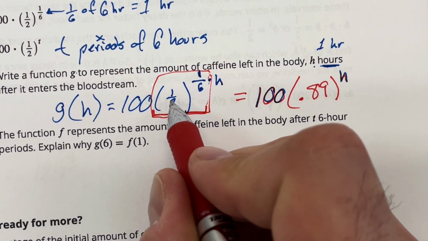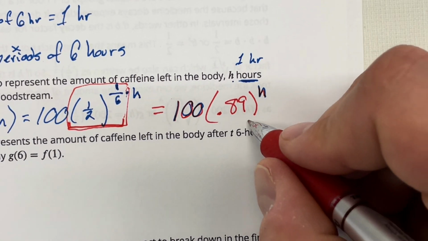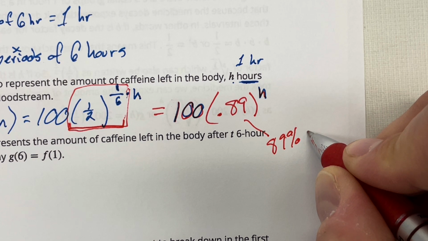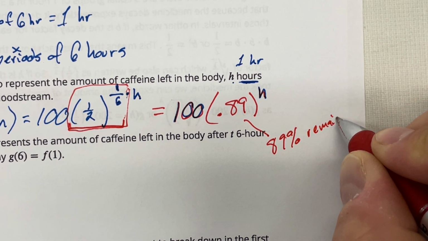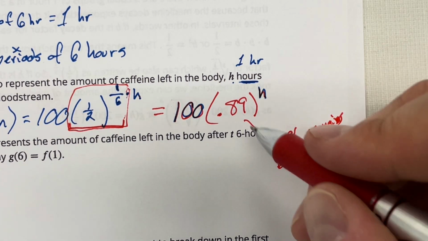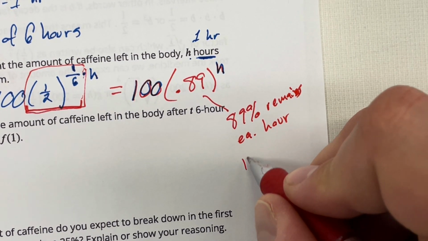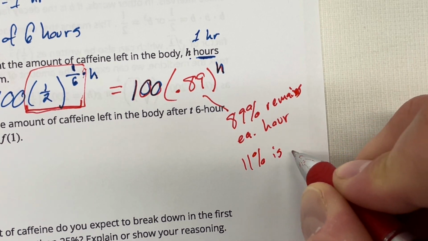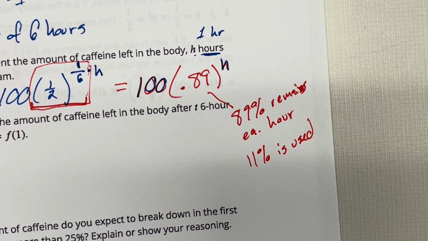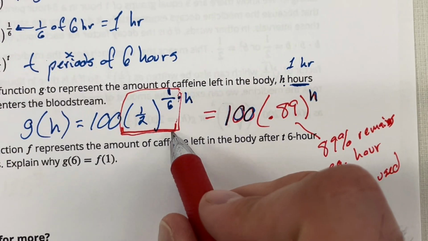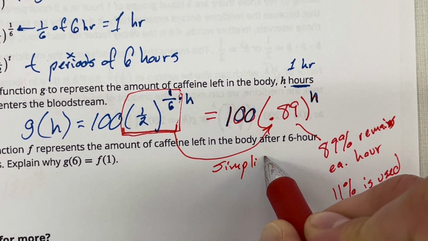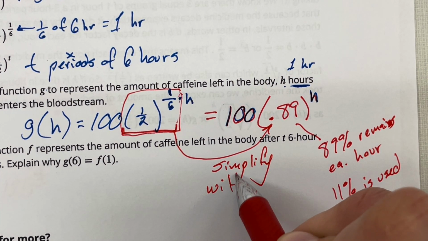Again, this is representing a half-life, and this is representing that 89% of the caffeine remains each hour. That means that in 1 hour, 11% is used. I wouldn't say lost, it's used. Your body's doing something with it. So we took this part and simplified it with a calculator.